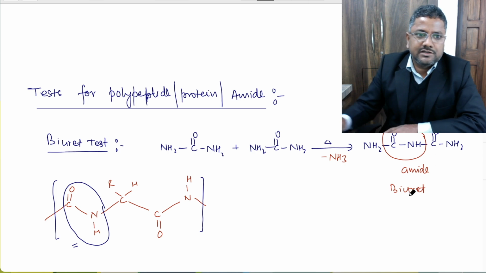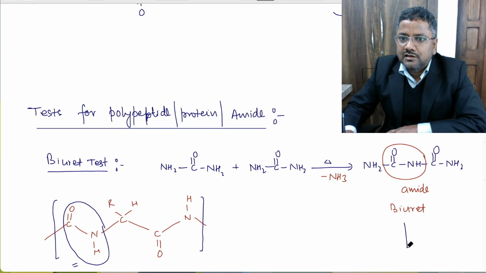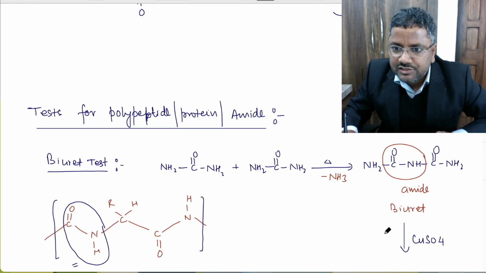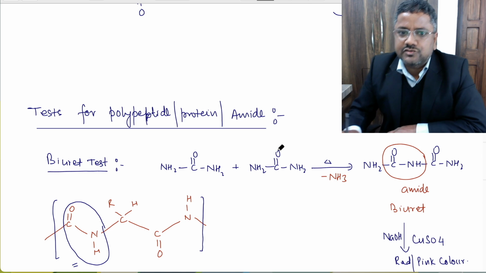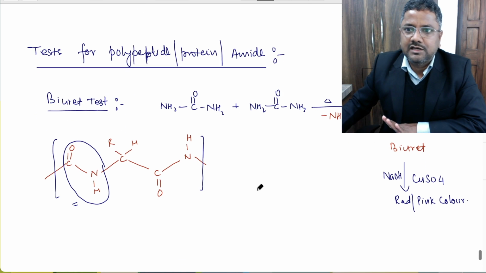If you take copper sulfate and NaOH, alkaline copper sulfate, you will get a reddish pink color. This is called the biuret test. Any compound having this amide linkage will give this test positive.